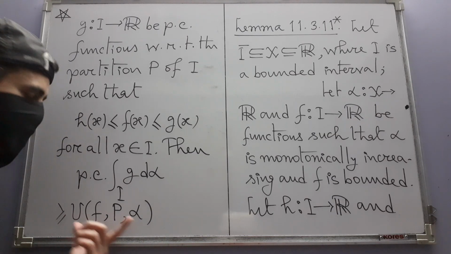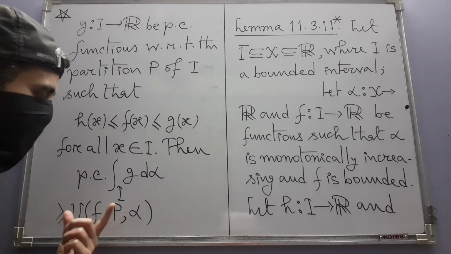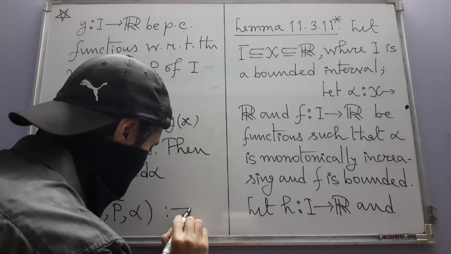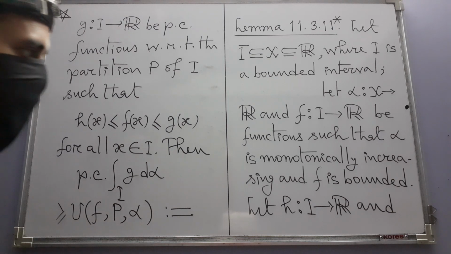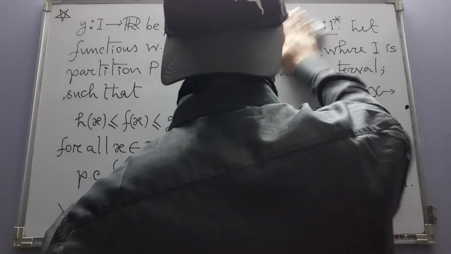This looks like upper Riemann sum, but if you want, you can call it upper Riemann-Stieltjes sum, and it is defined similarly. The only difference here is that instead of ordinary length, we have alpha length now.